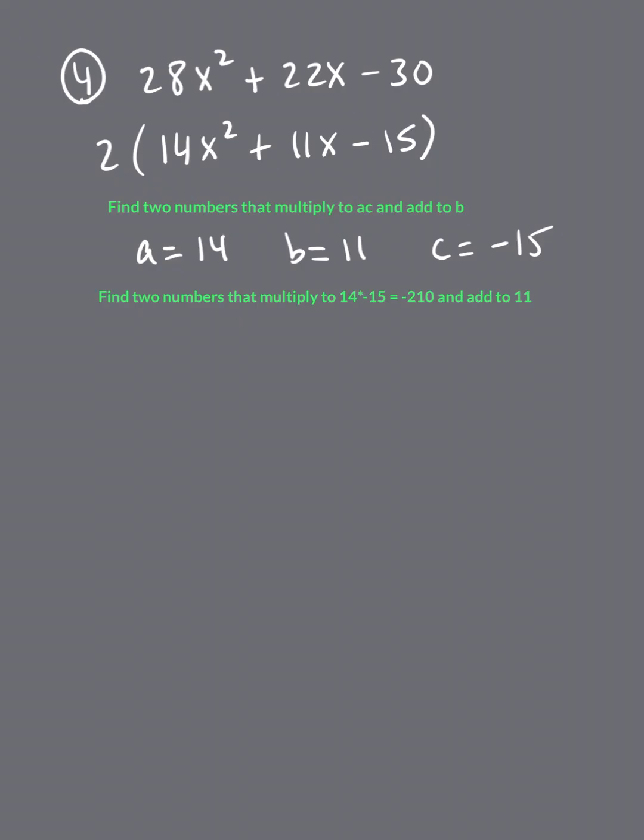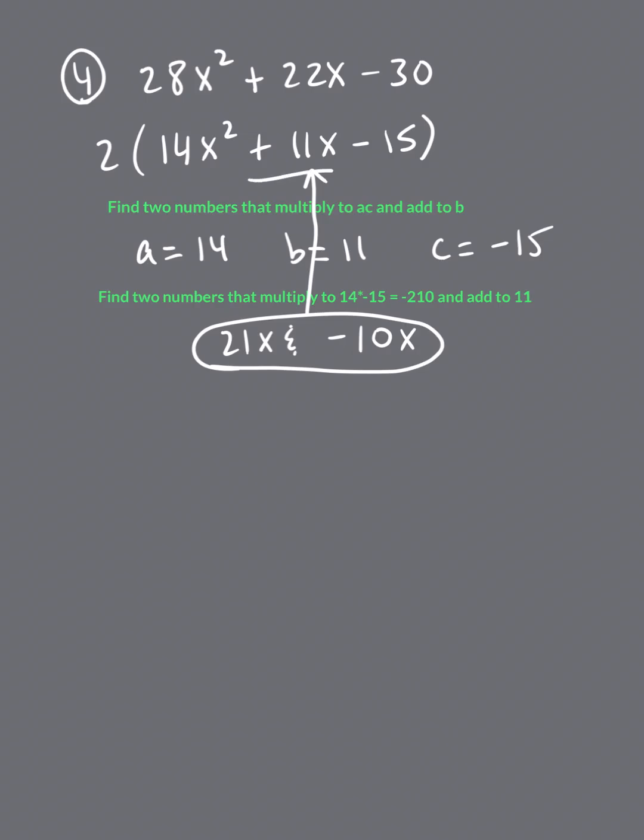We'll add x's to both of these numbers, and we'll make that substitution for our bx. So let's just keep that 2 out front so we don't forget about it. But we're focused on what is inside the parentheses. And now we'll do our factoring by grouping.